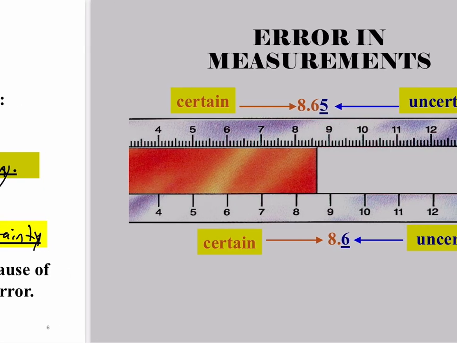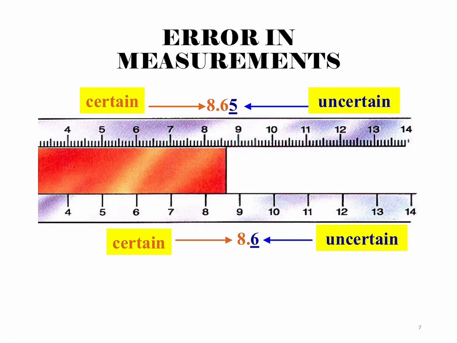Okay. So let's take a look at if we have 2 different rulers here, right? What is the error in the measurements that we're looking at? So we see we're measuring whatever this red piece of tape is, and on the top it looks like we're dealing with centimeters, and on the bottom we're also dealing with centimeters, right? Both of these have a different level of precision in these measurements, right?